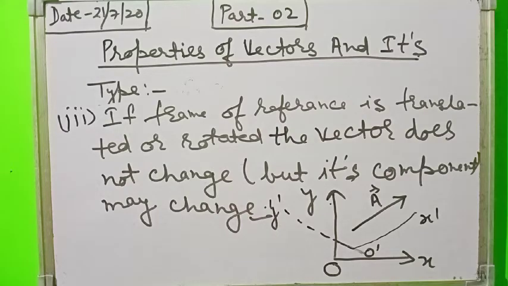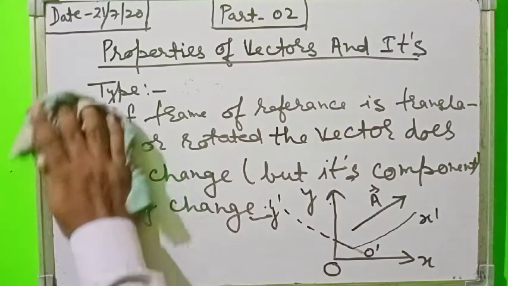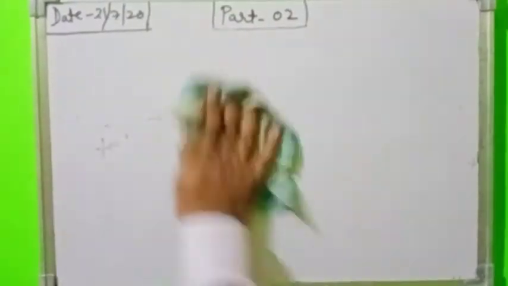Now next is equal vectors. When are two vectors said to be equal?